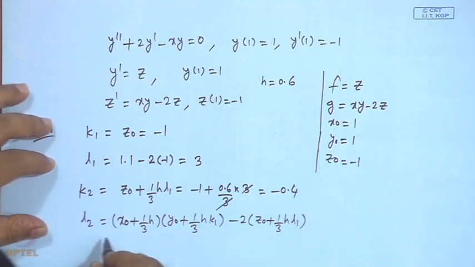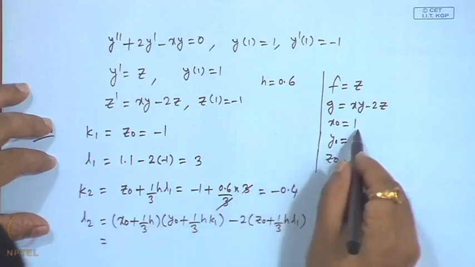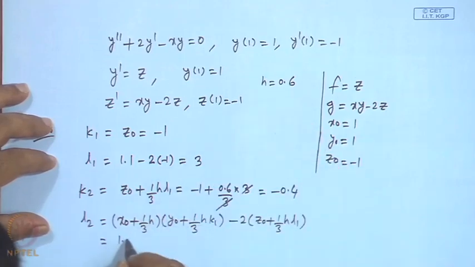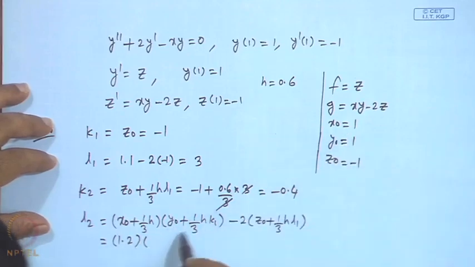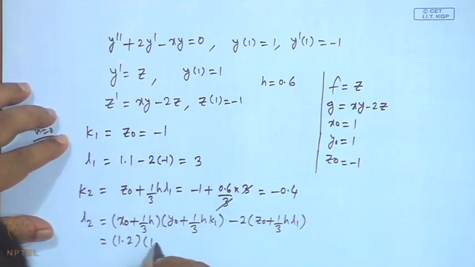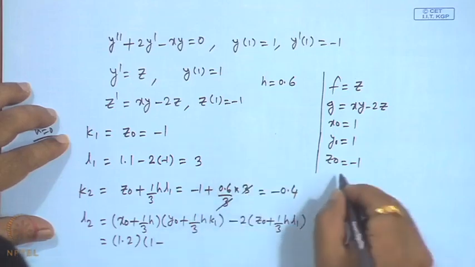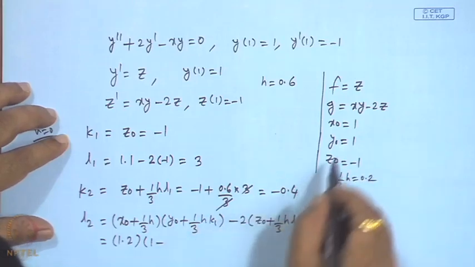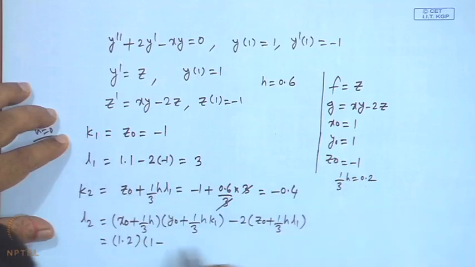Right. So, we can simplify: x 0 is 1 and 1/3 h is 0.2, so 1.2. Then y 0 is 1 and 1/3 h is 0.2 and k 1 is minus 1, so 1 minus 0.2.